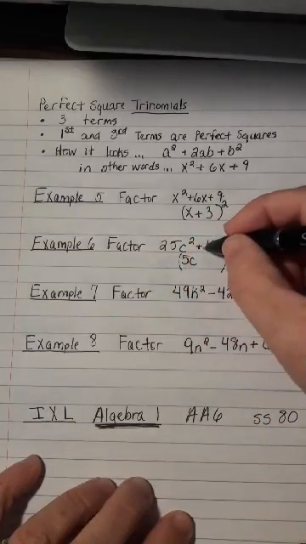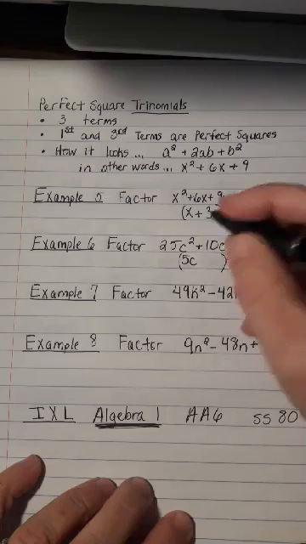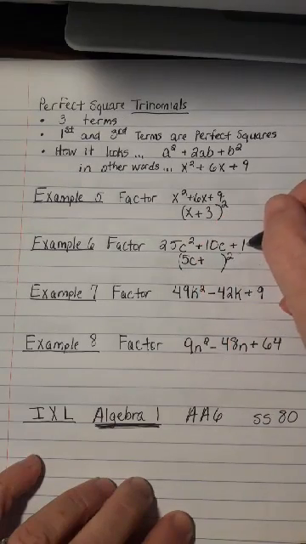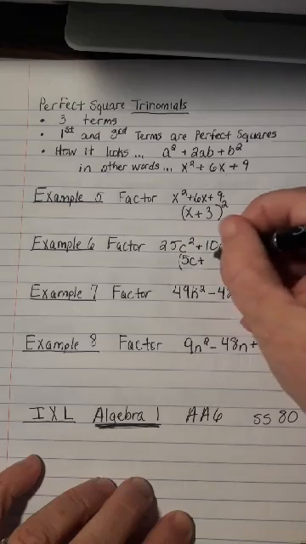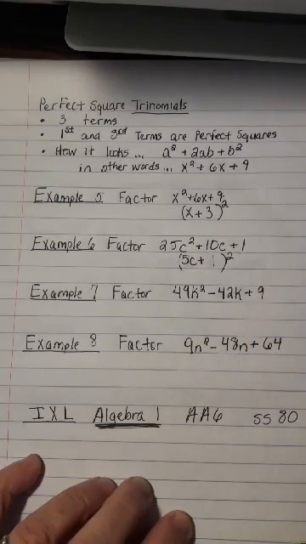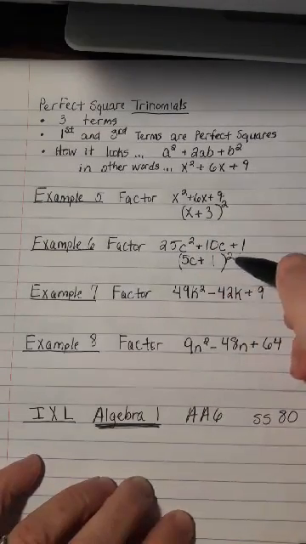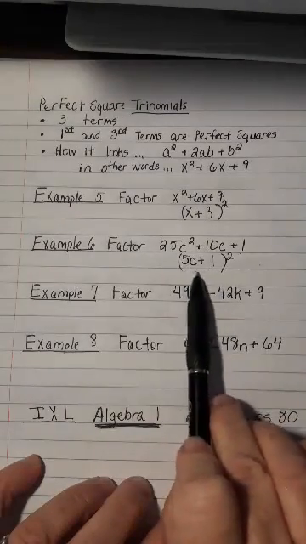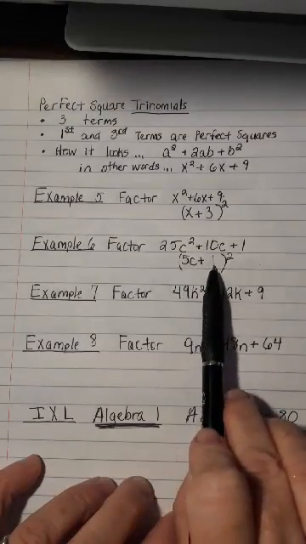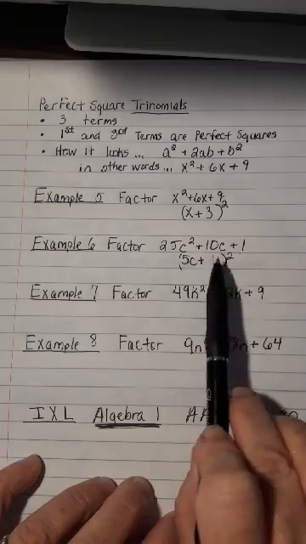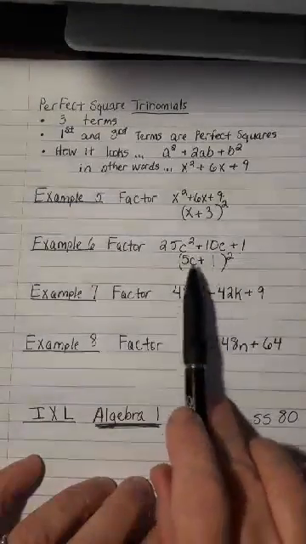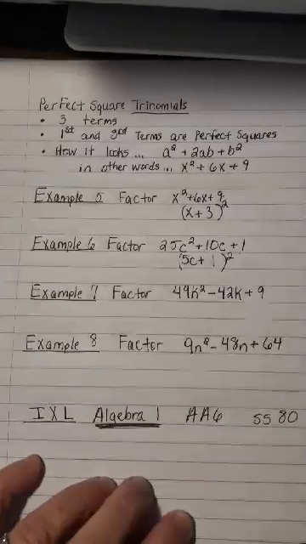Use the sign of the middle term, which is plus. And take the square root of 1. The square root of 1 is 1. And then make sure you've got the exponent on the outside. All you have to do is multiply those two together. 5c times 1 is 5c. And then double that and you get 10c. That's just a way to check it to make sure that you have the right numbers in here.